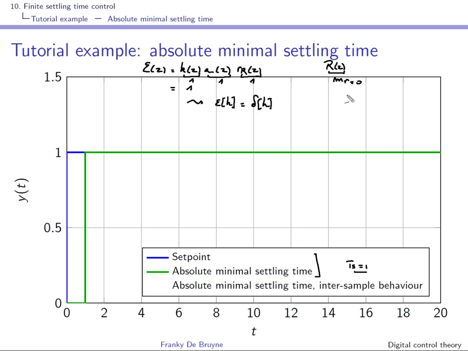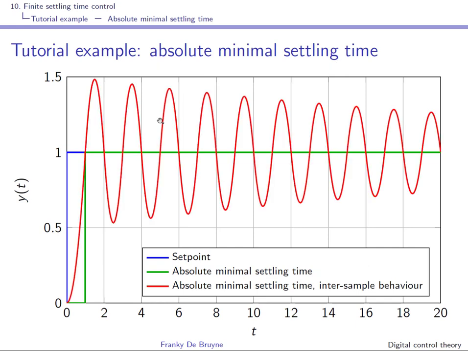But of course we had already seen that, in the denominator of the controller we had this 0 of the process that was located very close to z is equal to -1, so over here. So this is going to give you control energy that will be oscillating, and we can suspect that there will also be a hidden oscillation. And if you look at the intersample behavior, this is indeed what you see.